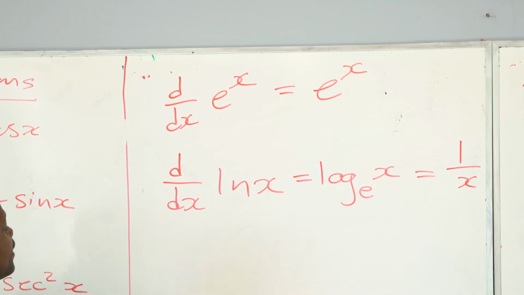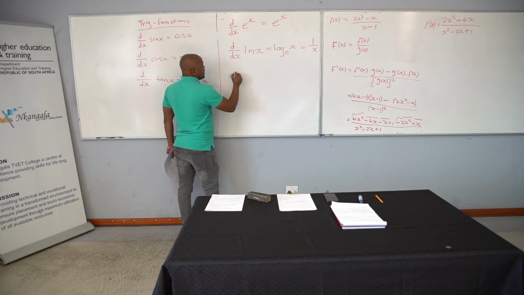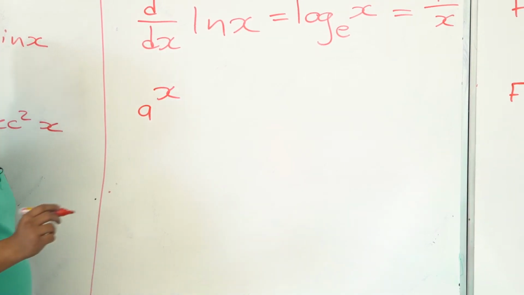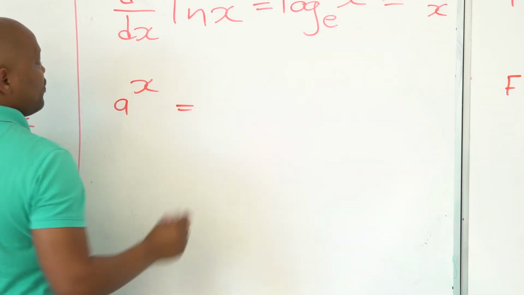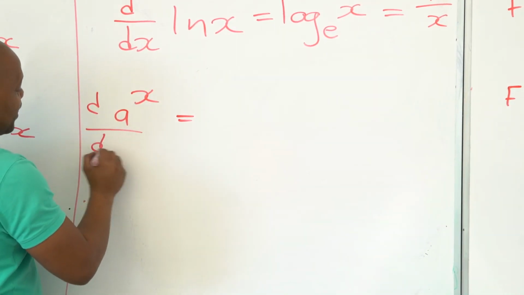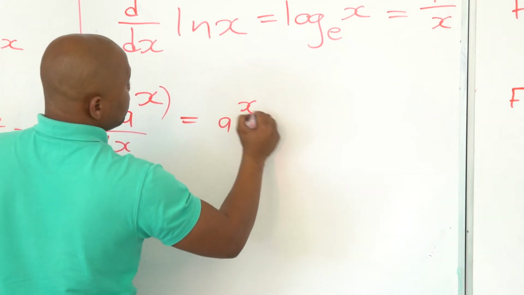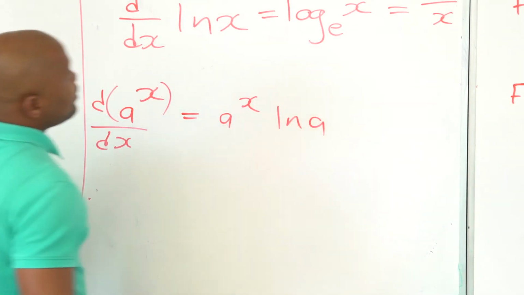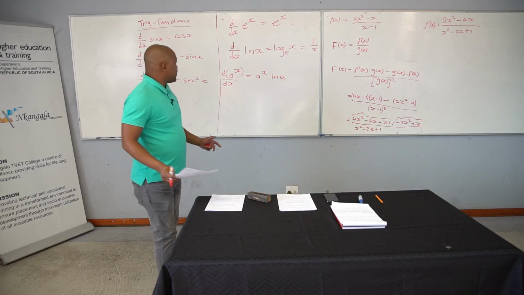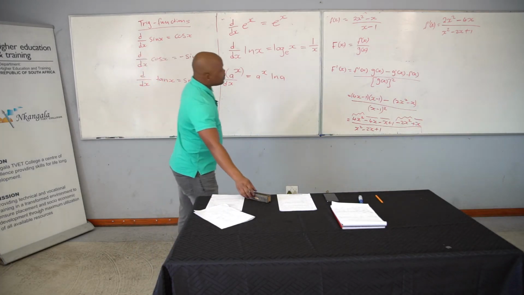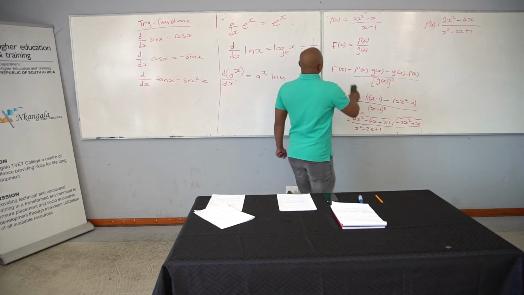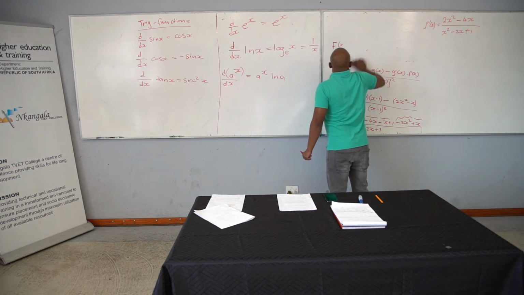Another one you need to know is when you're given a to the x, where a is any number. If you derive this in terms of x, it will give you a to the x ln a. You need to know these things, especially when you start doing these big problems in your tests and in your exams.